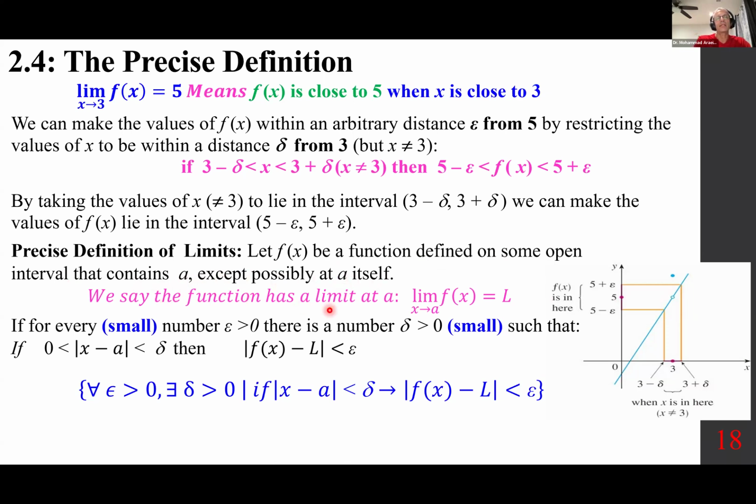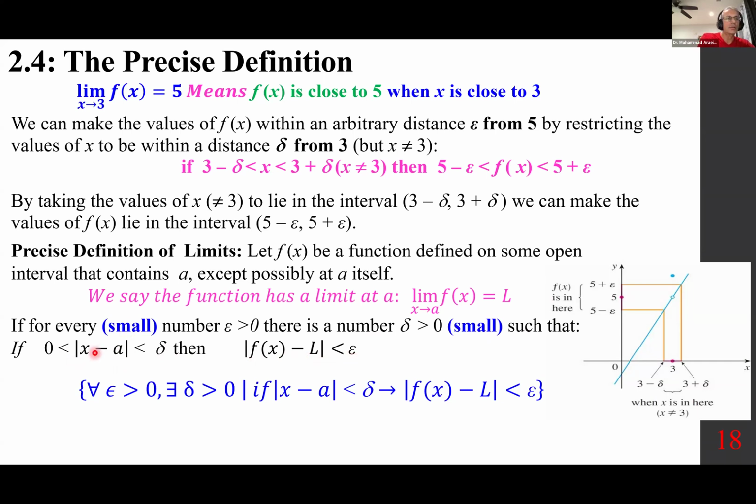We say the function has a limit at a, and we write the limit of f of x as x approaches a equals L, if for every small number epsilon larger than 0, a positive value, there is a number delta larger than 0, again, very small, such that if the absolute value of x minus a, which refers to the distance from x, is between 0 and delta, then the absolute value of f of x minus L is less than epsilon.